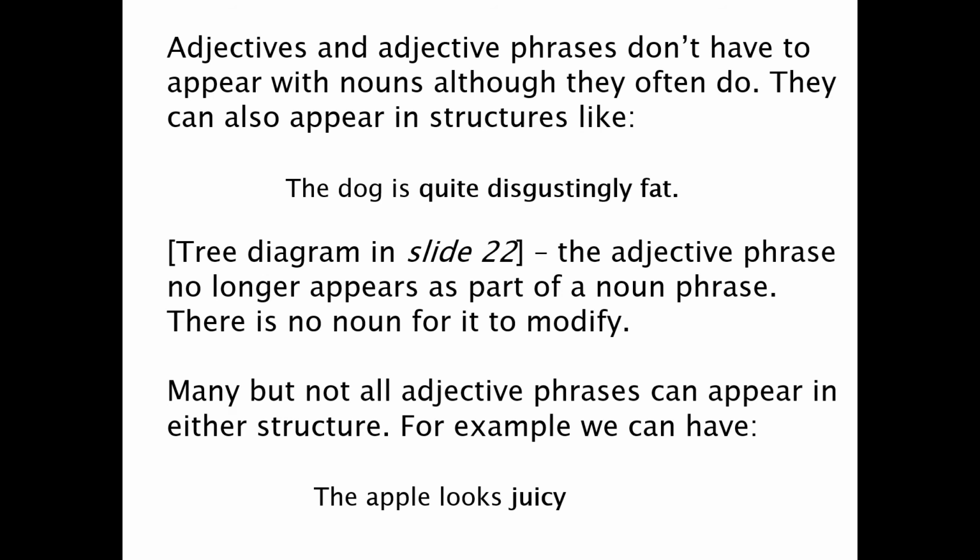Some adjectives are called predicative and some are called attributive. Predicative adjectives come after a linking verb, and attributive adjectives come before nouns. Some adjectives can be both attributive and predicative at the same time.